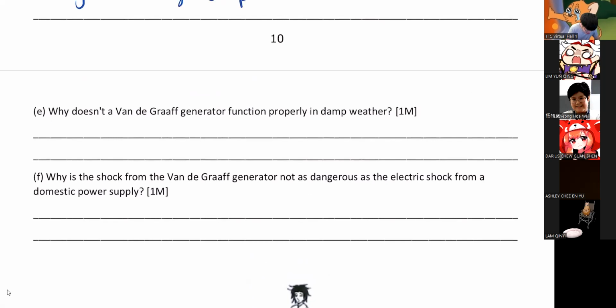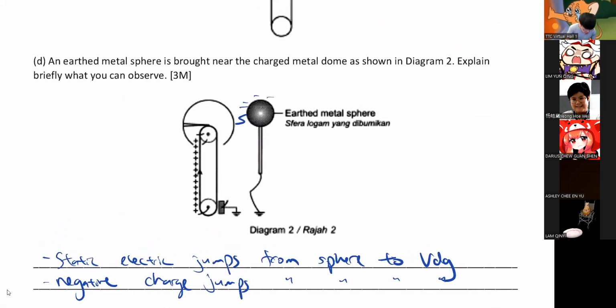All right, so why doesn't a Van der Graaf generator function properly in damp weather? Oh, that's a very good question. All right, so if the surrounding is very wet, right? Okay, you know Malaysia is very humid. 马来西亚空气很潮湿. So Malaysia is a very humid country. So you don't really get static electric here. Why? Because when there's water in air, 如果空气中有水分 it's very hard for the electric to jump. 就是说如果空气很多水分那个电它跳不到. So this is why, right?